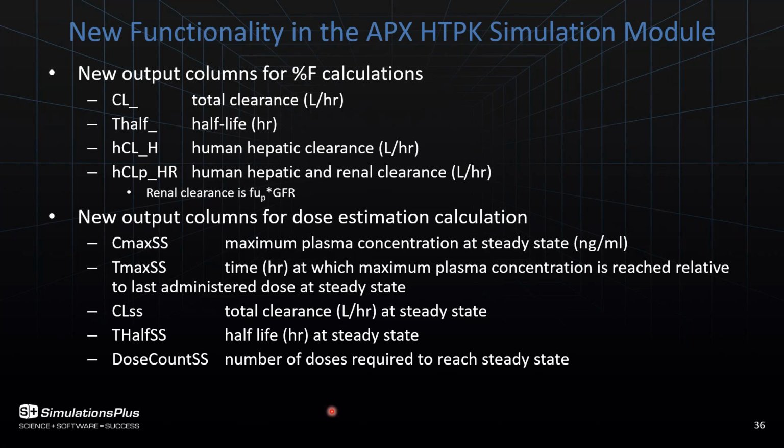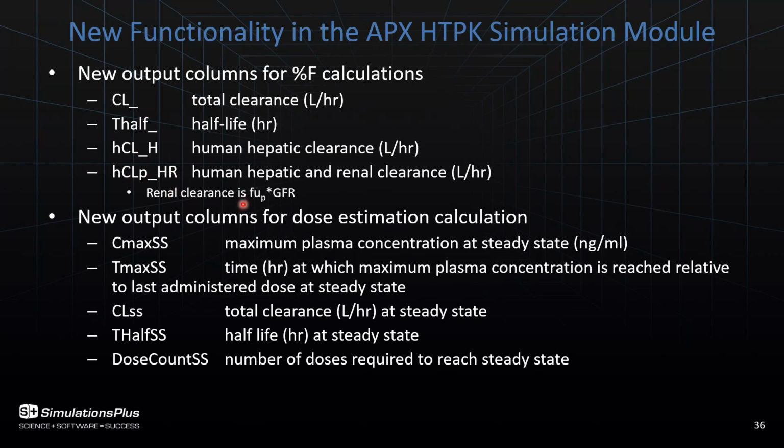This next slide discusses some of the new functionality in ADMET Predictor 10, or the next version, in the HTPK module. We're including new output for the oral bioavailability predictions. So this is the total clearance, and I'll show equations for this on subsequent slides. The half-life of the compound, the hepatic clearance, the hepatic and renal clearance.